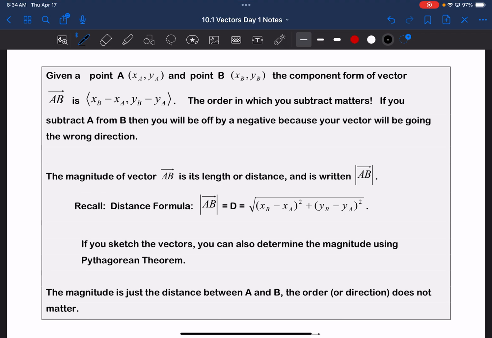So to write it in vector form, you subtract your x's, you subtract your y's. The order you subtract does matter, right? Because if you subtract A from B, then you would have a different sign, right?